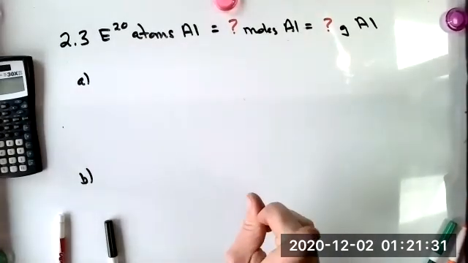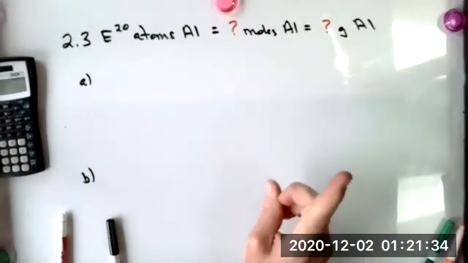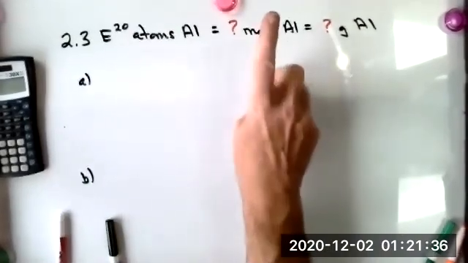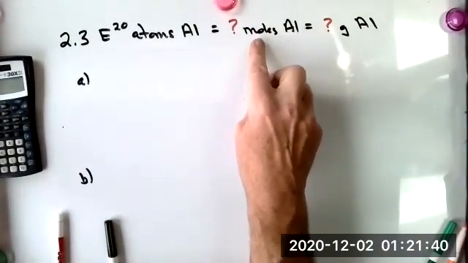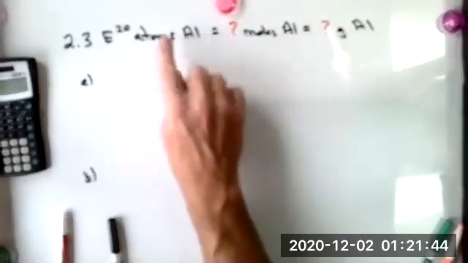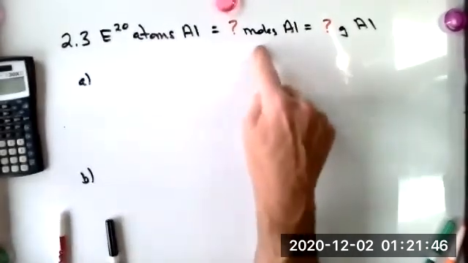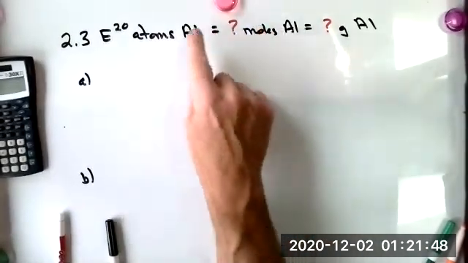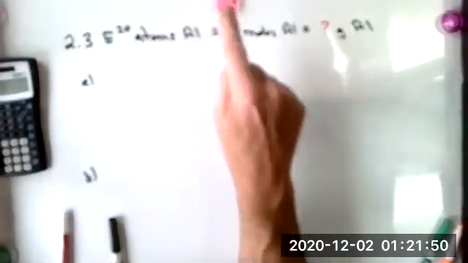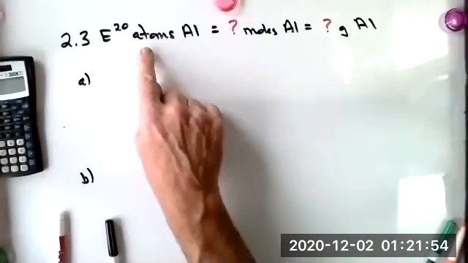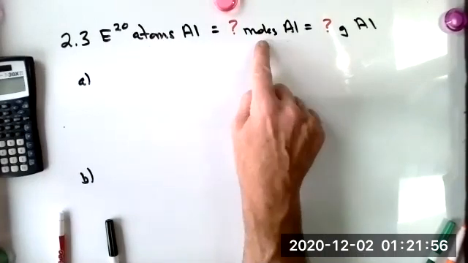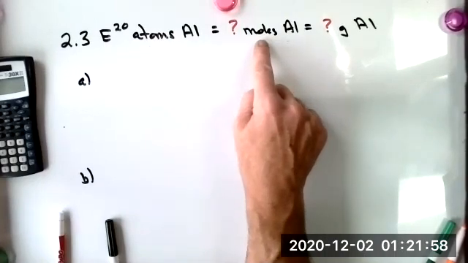I will tell you this, my friends. You always want that mole number, because you need this to get to him. Now, if you look at the order of this, you can't go from atoms all the way over to grams. You can't. You've got to get to moles first. Moles is the key.